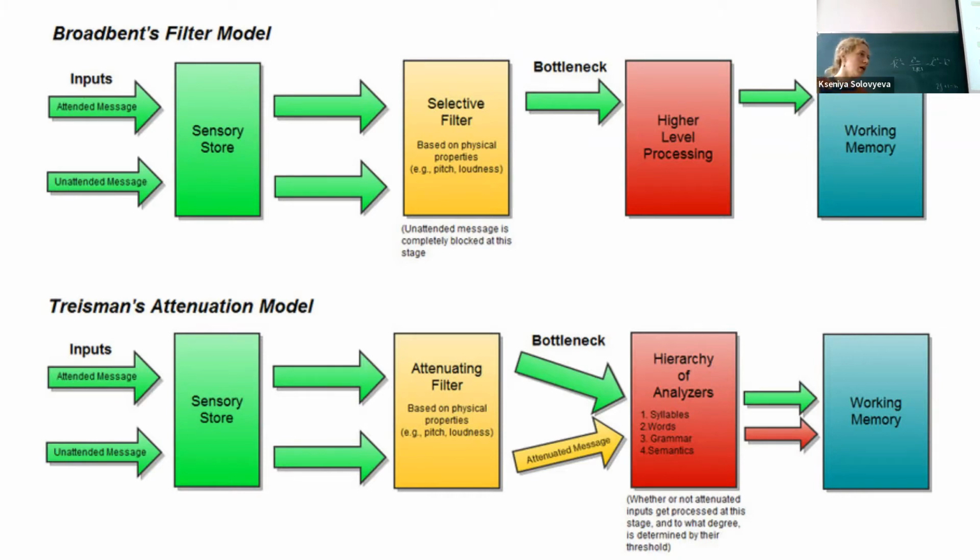For example, if they had the task just for the right ear, but in the left ear they had information about their name or about something dangerous like fire, some stimulus which is very necessary for them, they paid attention to this stimulus. But they had a task of listening just to the information from the right ear.